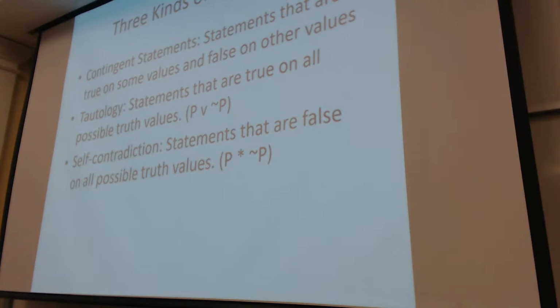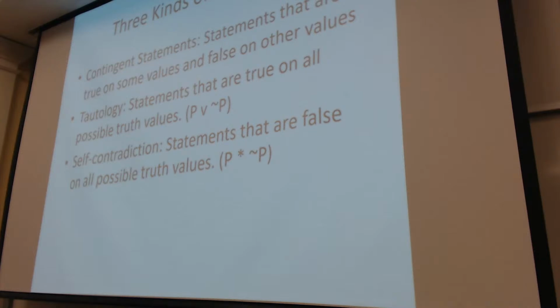Similarly, self-contradictory statements are false on all possible truth values. A standard example of a self-contradictory statement is both P and not P. Remember, an AND requires both halves to be true for the AND to be true. So when P is true, the not P on the right side of the AND is false, making the statement false. But when the P is false, the left side of the AND, the P, is false, and therefore the AND is false.